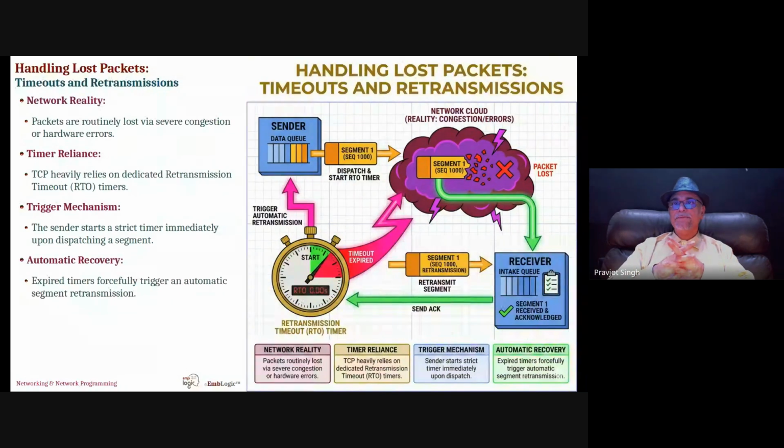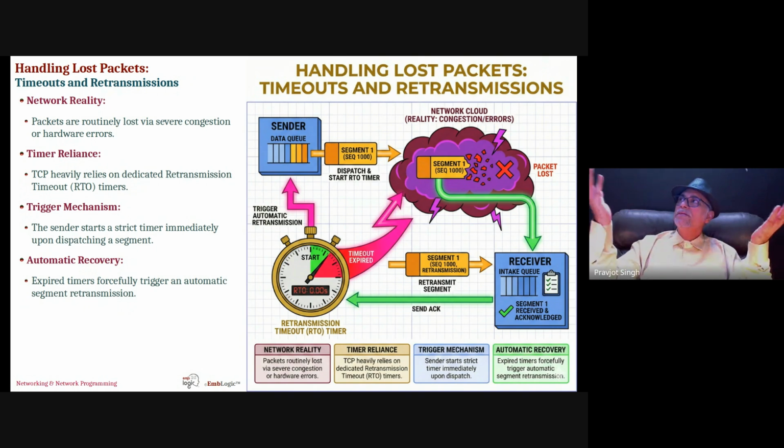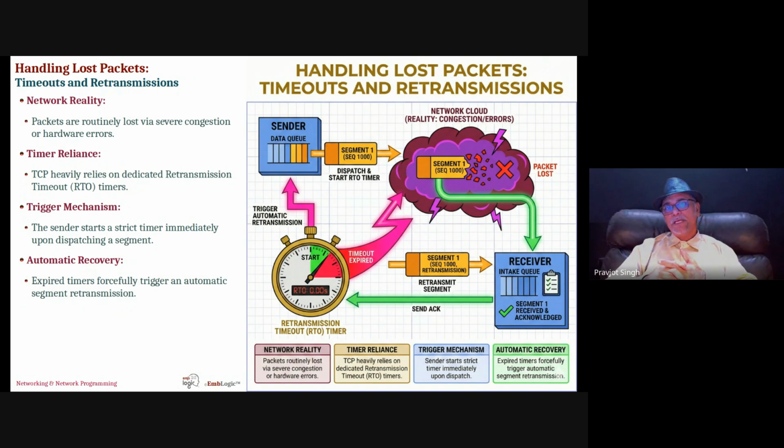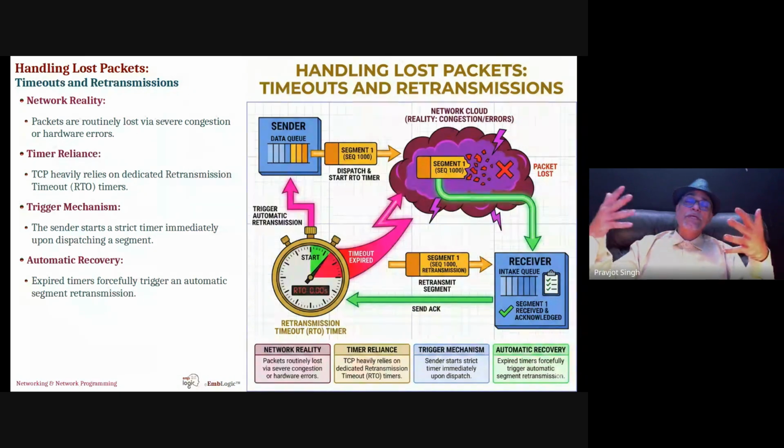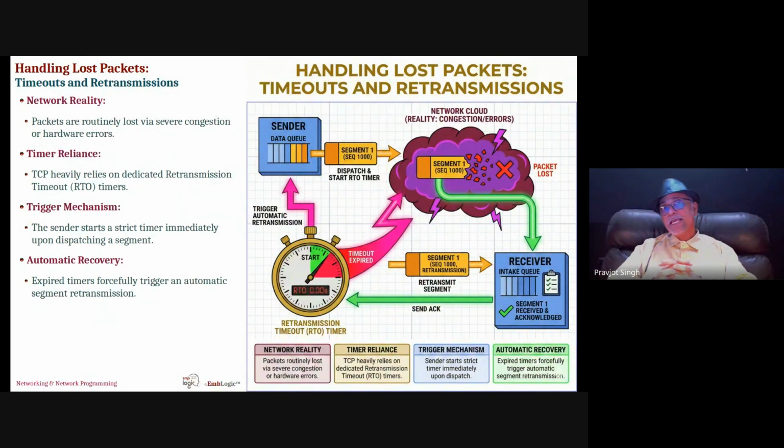This is where we were last session: handling lost packets. So many packets are being transferred, and some packets will certainly be lost. In the real-world physical networking environment, where so much data is transferred from so many sources to so many destinations, and so many dedicated connections are established in the same network, data packets frequently get lost.